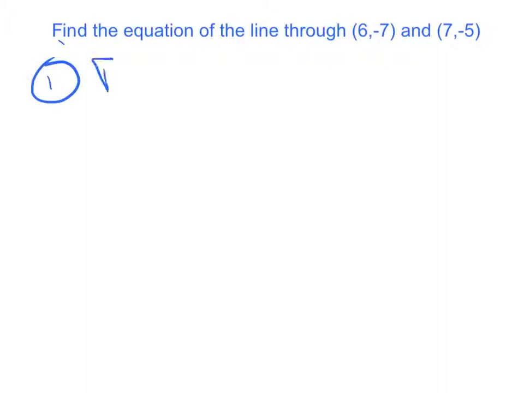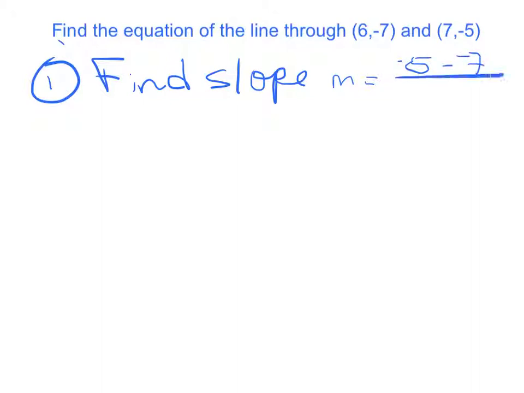So the first thing we're going to do is find our slope. The slope that we're going to look for is between 6, -7 and 7, -5. So we'll do a little calculation. Let's do -5 minus -7 over 7 minus 6, which we get 2 over 1, which is just 2. Okay, so the slope we're dealing with is 2.